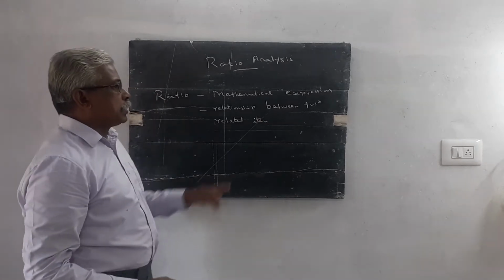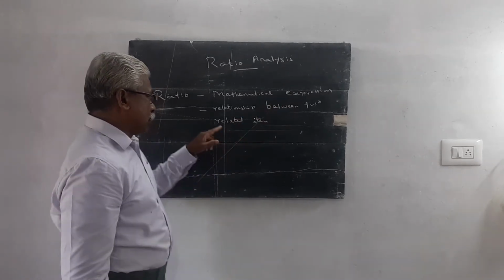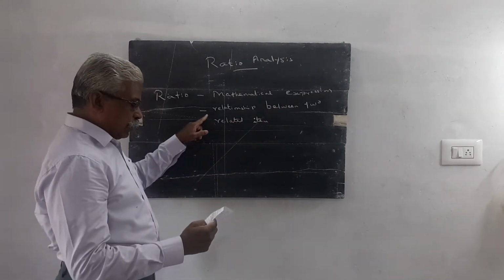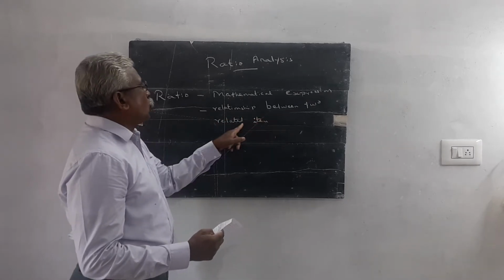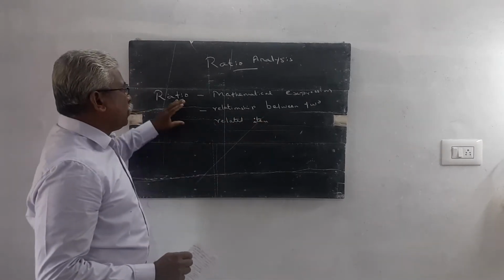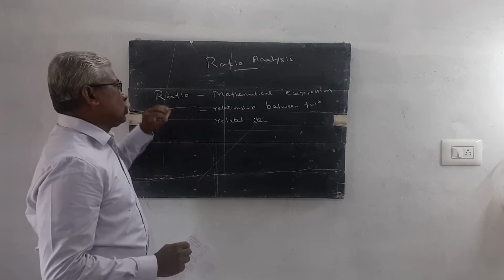Ratio is a mathematical expression in relation with two related items. That is the simple meaning of ratio.